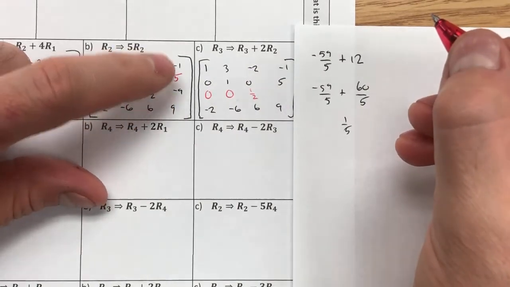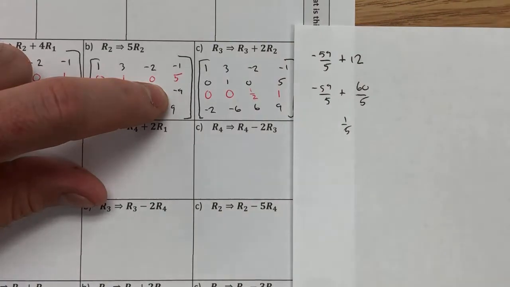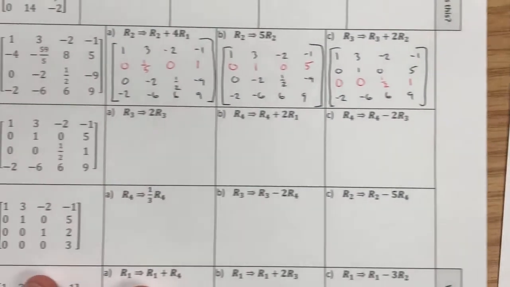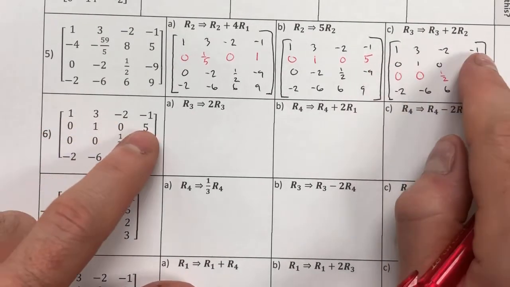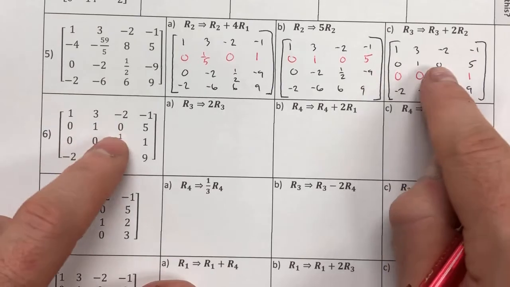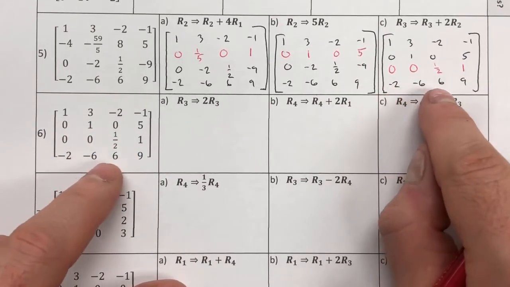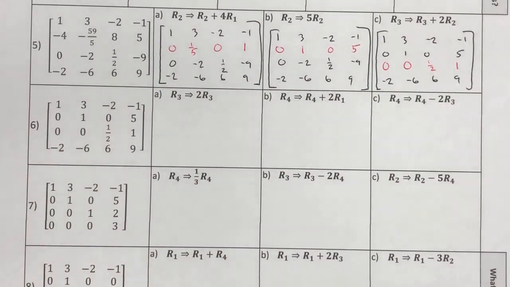Negative 9 plus 2 of these, well, 2 of these is 10. Negative 9 plus 10 is 1. Awesome. And so let's take our answer and compare it. 1, 3, negative 2, negative 1, 0, 1, 0, 5, 0, 0, half, 1, negative 2, negative 6, 6, 9. Yep, we performed those row operations correctly.